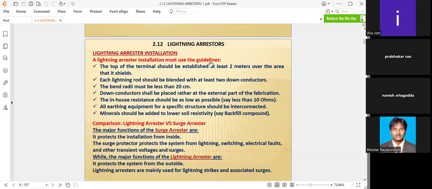Installation must follow the guidelines. The top of the terminal should be established at least 2 meters above the area that it shields. That means the top of the terminal should be established at least 2 meters over the area that it shields.